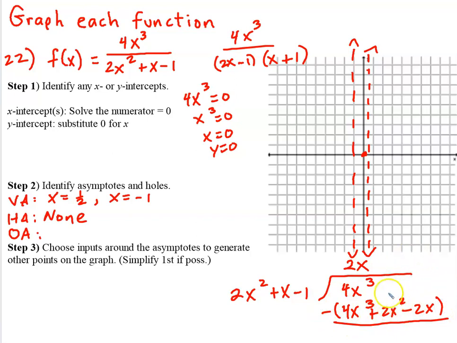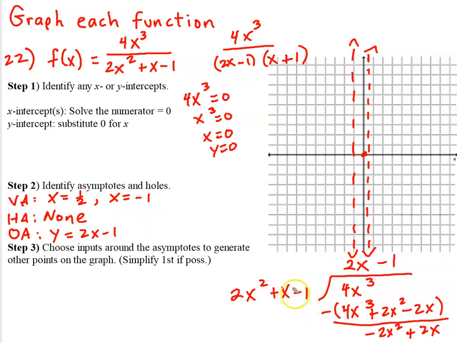Subtract. So the x cubes cancel. This is just 0 minus 2x squared. That's -2x squared. You could go ahead and bring down the plus 2x if you like, but all we need is the mx plus b part. So 2x squared into -2x squared is -1. So we have an oblique asymptote of y equals 2x minus 1.